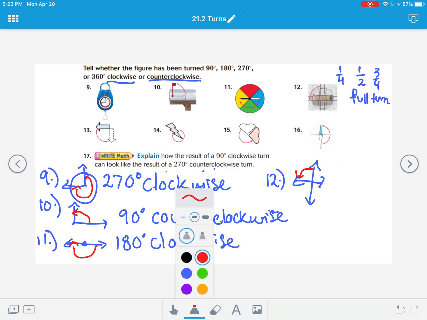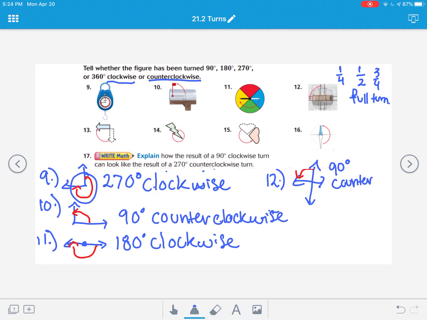So I see it's only moved a 1/4 of the way, so that tells me it's a 1/4 turn. A 1/4 turn is worth 90 degrees in angle measurement. And I see that this turn is starting from the top and it's moving around from the left down. That's opposite of a clock, so that would be called counterclockwise.